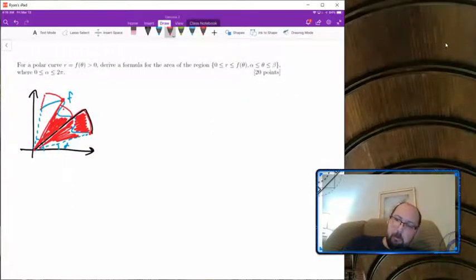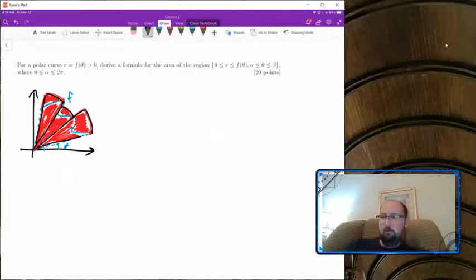I'm trying not to color over the blue line so we can still see it, but of course the region includes the whole wedge. Outlining them in black so we can see them, those are our little pieces that we've broken it into. Let's say that on each one there's an angle of delta theta.